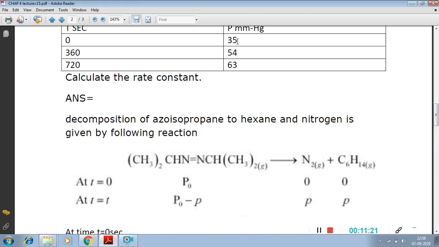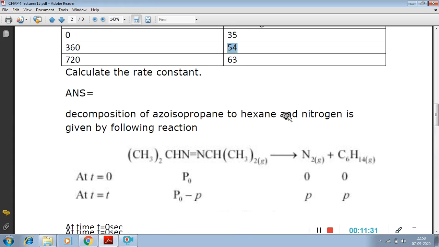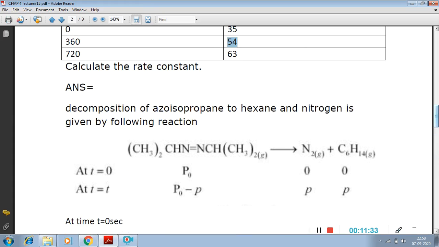Here you can see the initial concentration is 35 and at time 360 seconds the pressure is 54. So that value we are going to use here.